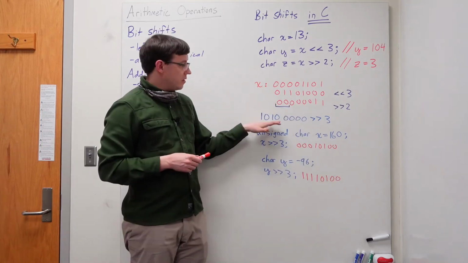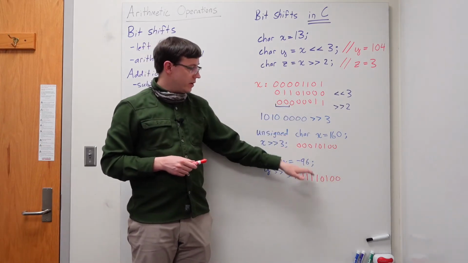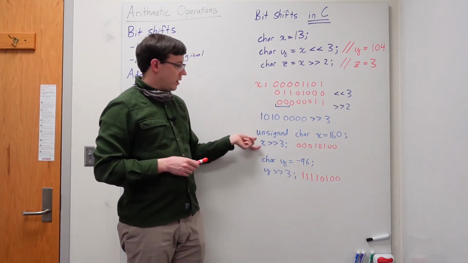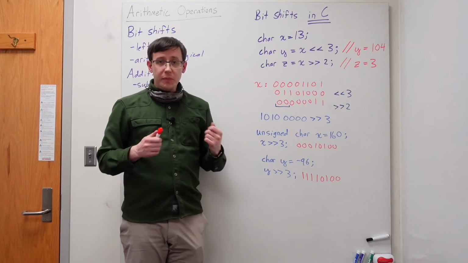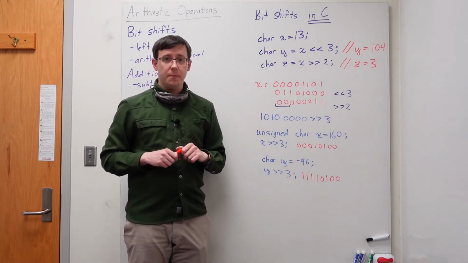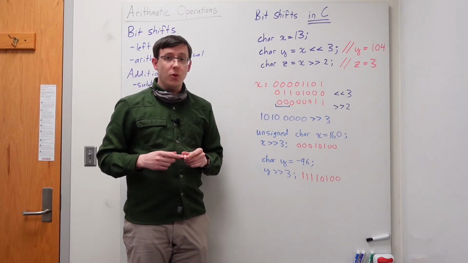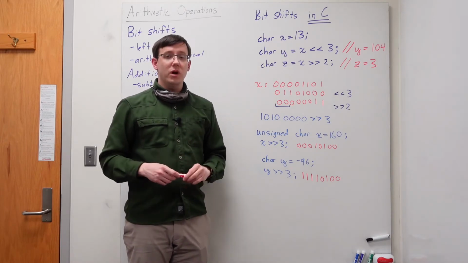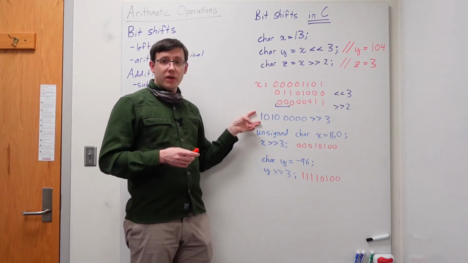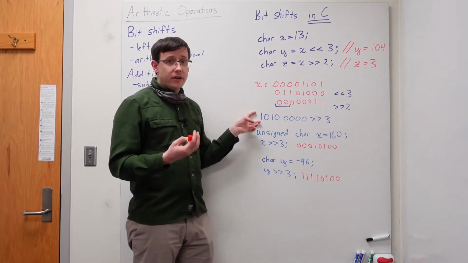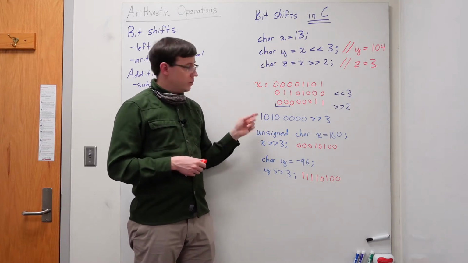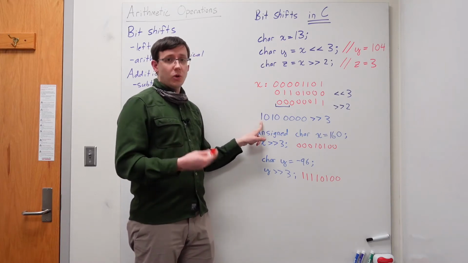And so, because this binary operation needs to give us a different result based on the data type of the variable, the CPU actually implements two different kinds of right shift. One type of right shift works for signed numbers, and one works for unsigned numbers. If the data that we're dealing with is an unsigned variable, then we want to fill in with zeros no matter what the leading digit was.